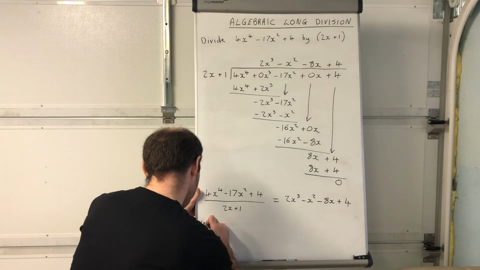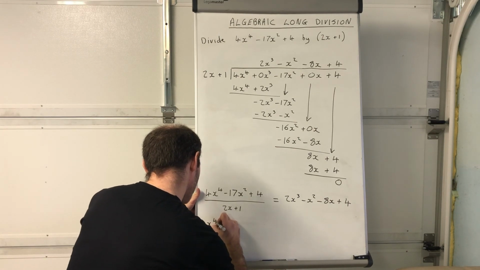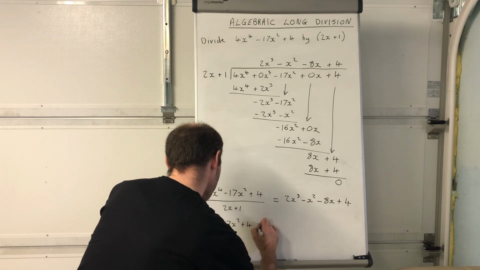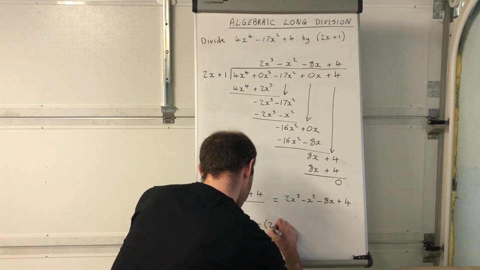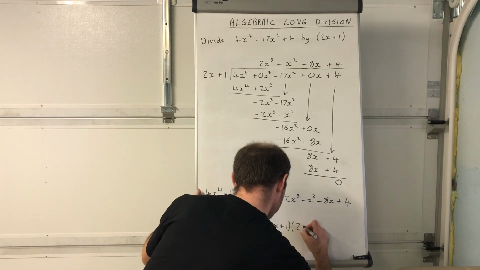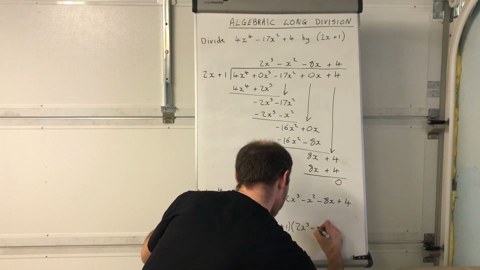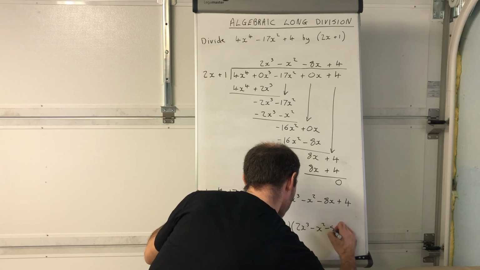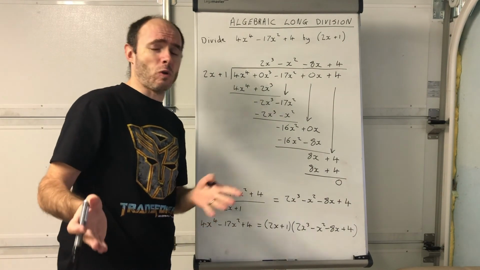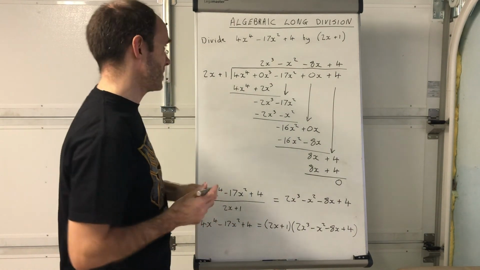So starting with the quartic, 4x to the 4 minus 17x squared plus 4, we can write it as 2x plus 1 as one factor, and the other factor is 2x cubed minus x squared minus 8x plus 4. So just a reminder there that this long division process helps us with factorising as well.